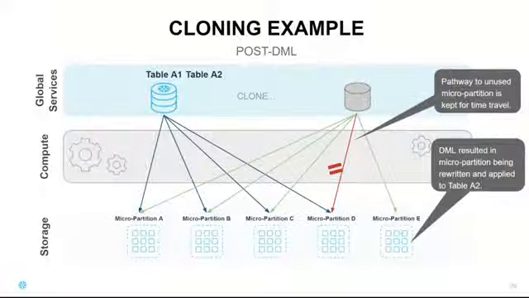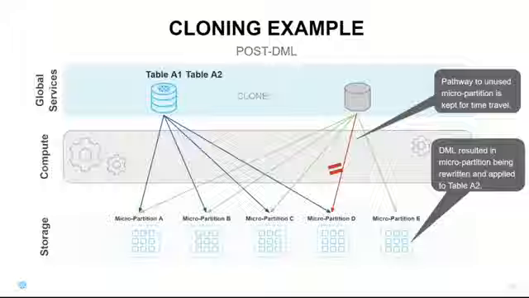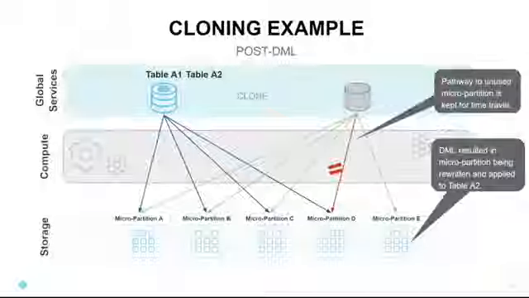But your actual A1 table still points to the same four micro partitions, right? So unless you make changes to A2, your clone table, both A1 and A2 use the same storage micro partitions, and that's why it is not going to charge extra for your storage.